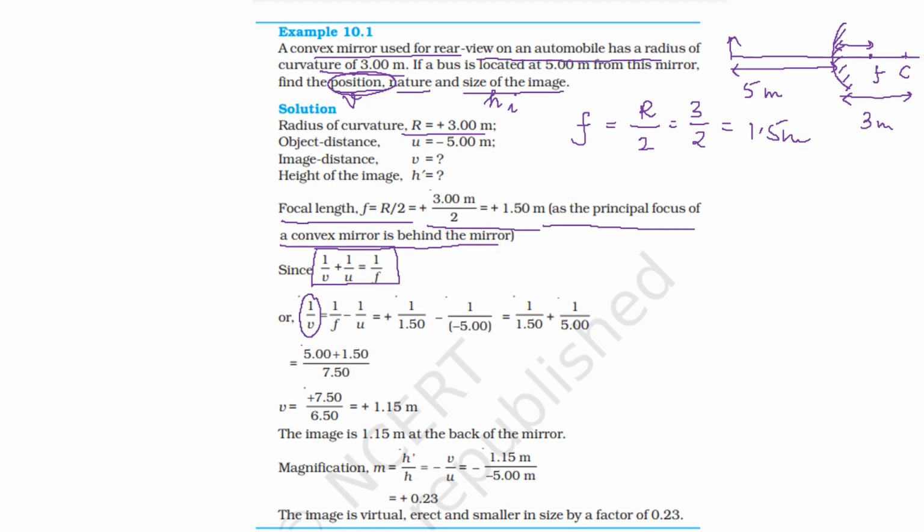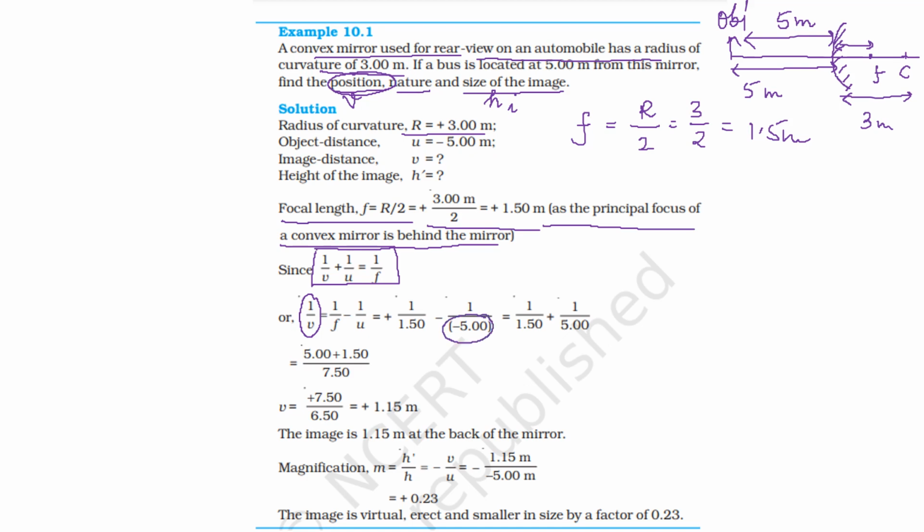1 by 1.50 minus 1 by u. Here u is the distance of the object. This is your object here, this was your bus. So this distance is 5 meter. But this is on the opposite side, on the negative side. So this u will have a negative sign.